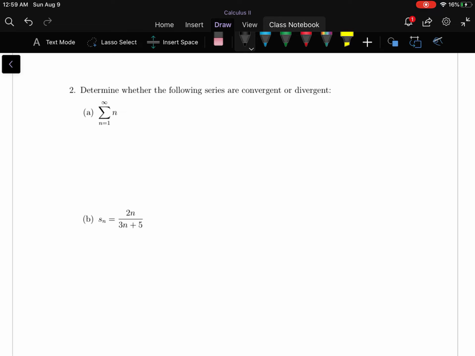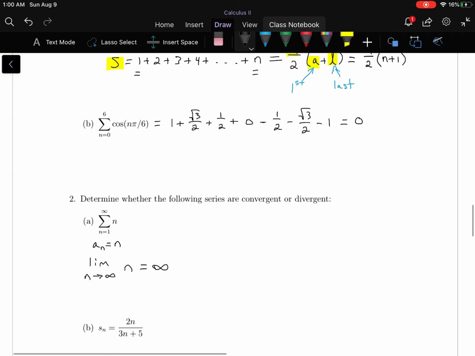In 2, we want to determine whether series are convergent or divergent. Intuitively, like I had mentioned before, we know that the series of the sum of n from 1 to infinity is going to explode because you're just adding larger and larger terms. But to actually prove it, we could recognize that a_n is n, and the limit as n goes to infinity of n is infinity.